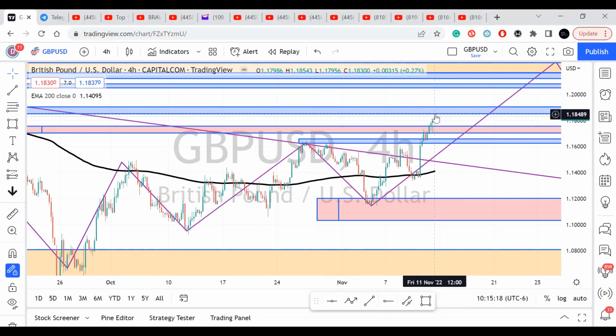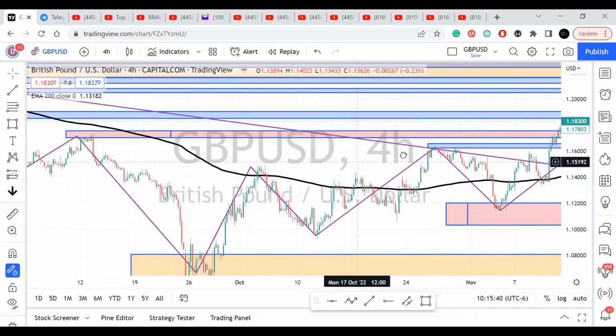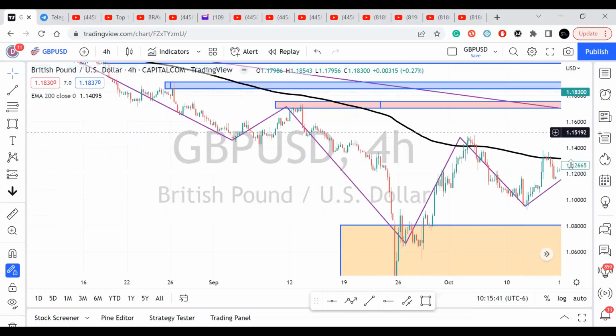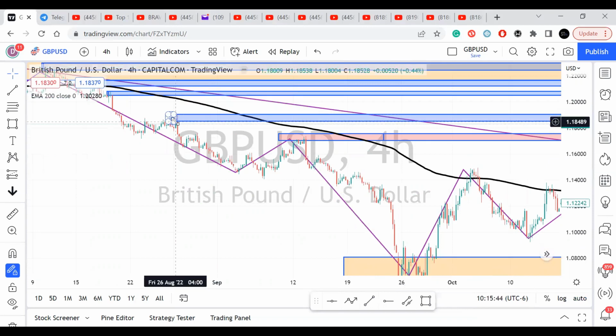So I'm expecting this zone to hold and for price to come back to retest this daily. This daily is going to turn to H4 low, and we can only find that on the next lower time frame. So price is currently in this zone.